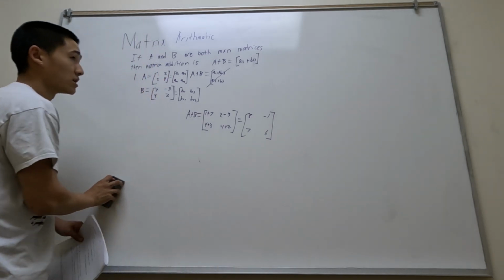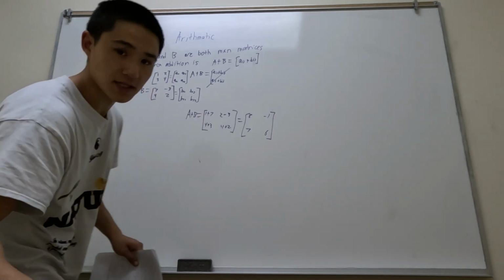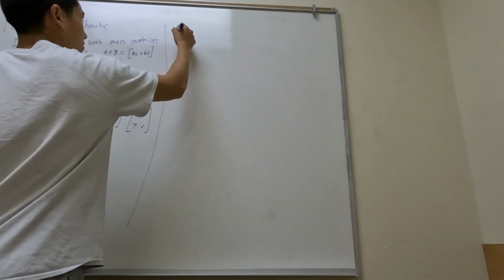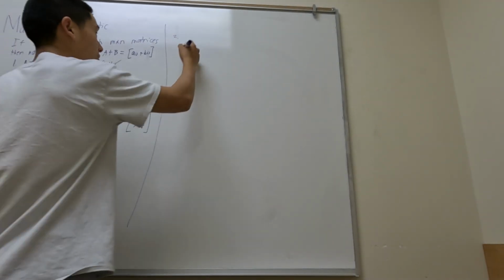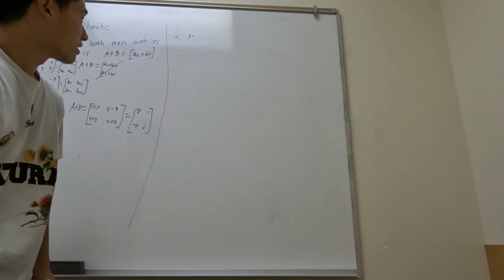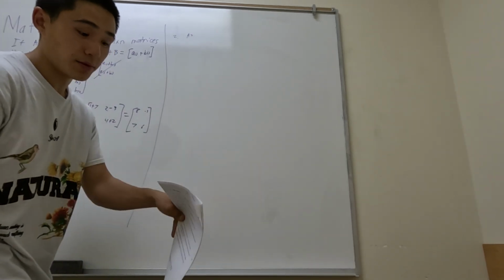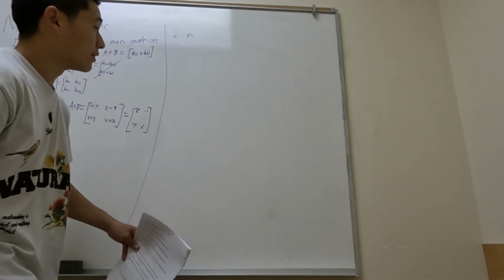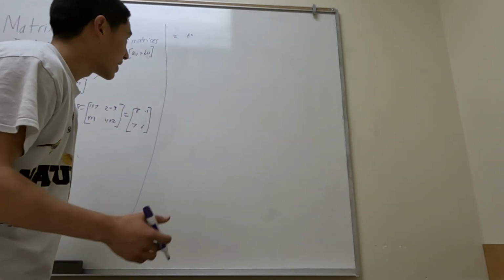Let's try another problem. Actually, let's keep this up. Number 2, here we go. I'm going to show you one more real quick, and then you can do the problems in the description below on your own and practice them.